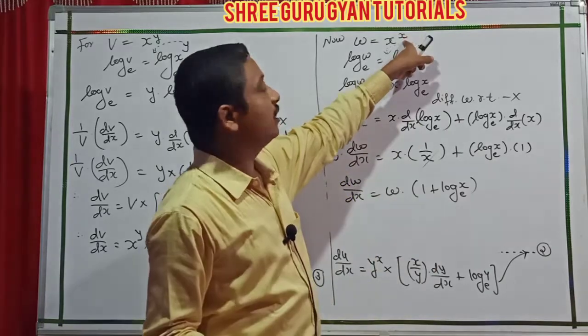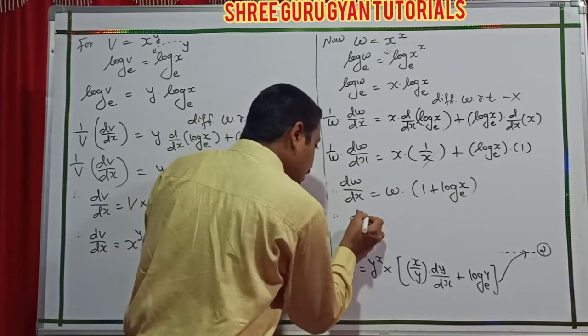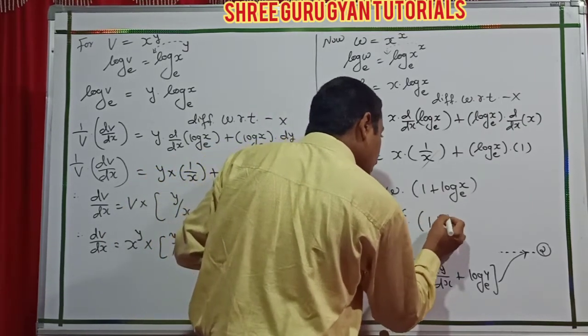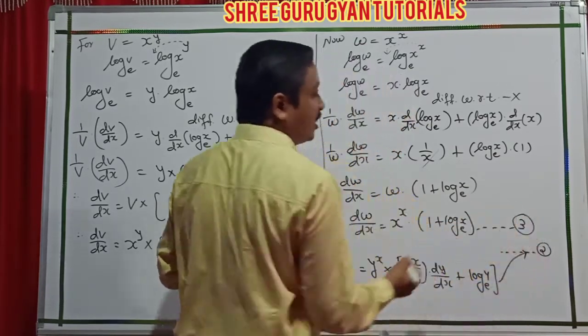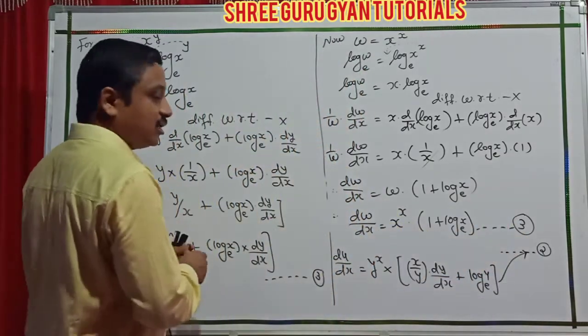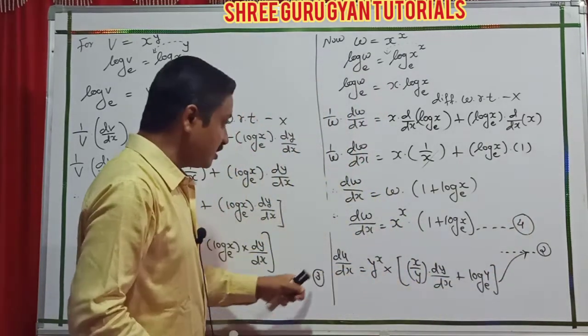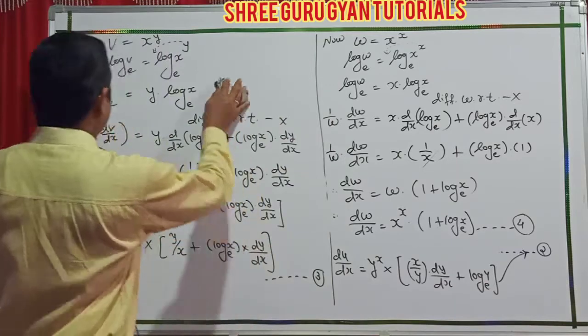It is known: x raised to x. So finally done, dw by dx is x raised to x into (1 plus log x base e). Here getting statement number 3. Now students, second, third, this equation taking as statement number 4. Second, third and fourth, and start now the numerical, our basic numerical.